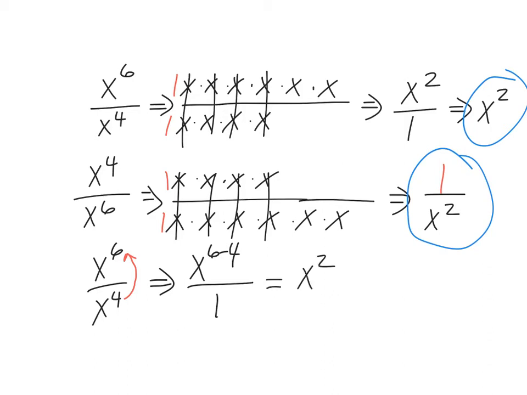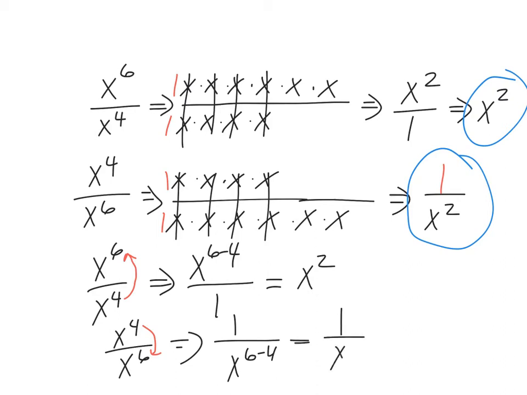If I did the other problem, x to the 4th over x to the 6th, I move the smaller to the larger. That leaves a 1 on top, and on the bottom I subtract my exponents, and I get 1 over x to the second. So that's multiplication and division.